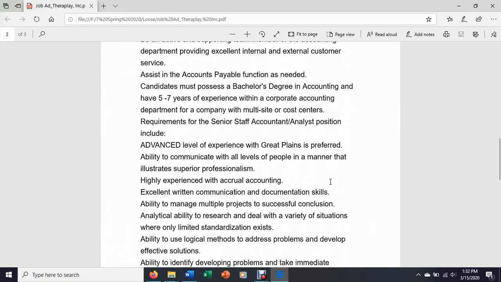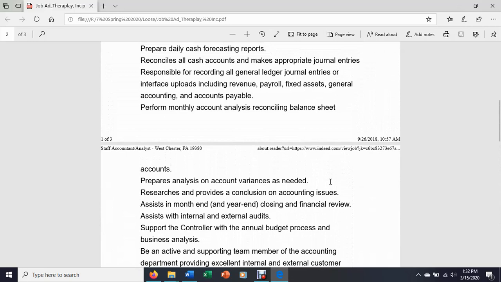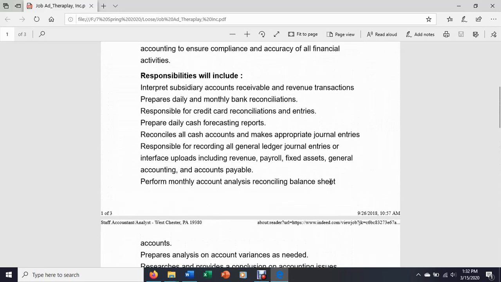Now, within the responsibilities, this is a list of things that people have to do in this job. Some of these are going to be very straightforward in terms of what the type of position requires.